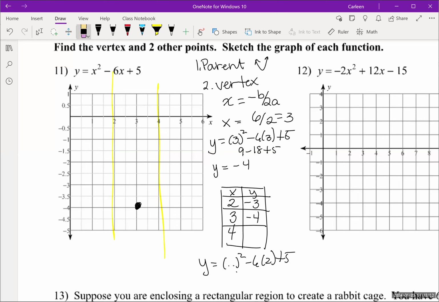You can just arrow up on your calculator and now replace the 2 with a 4. So now we have 16 minus 24 plus 5 is -3. So 2, -3 and 4, -3, and I missed a little bit, but there we go.